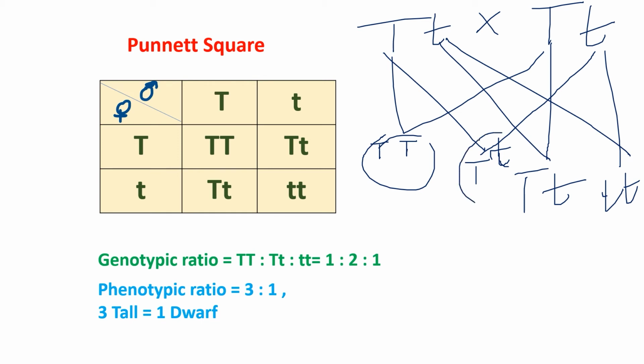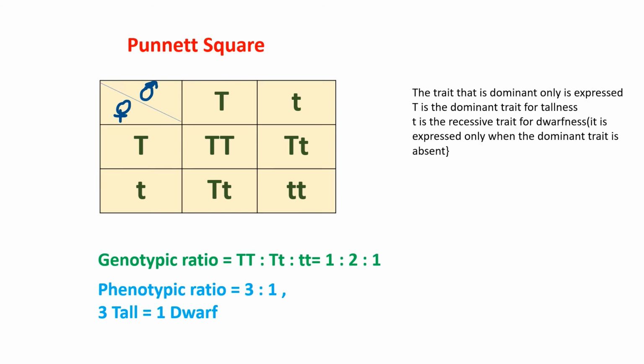This is tall. Again capital T, small t. So the trait that is dominant only is expressed. What is expressed? The dominant trait for tallness. Small t is the recessive trait for dwarfness. It is expressed only in the absence of the dominant trait.